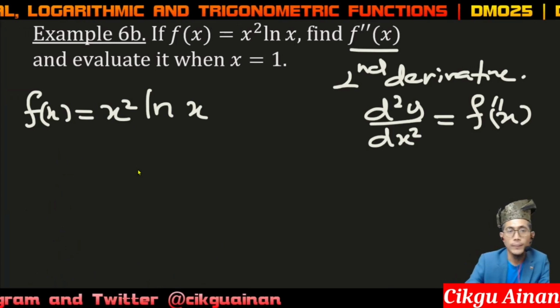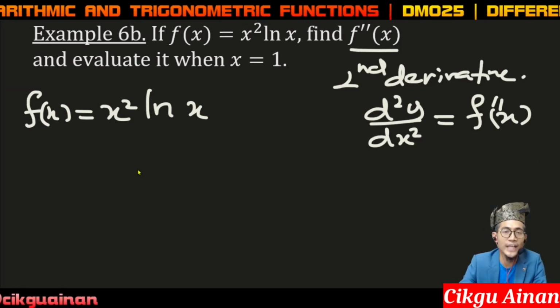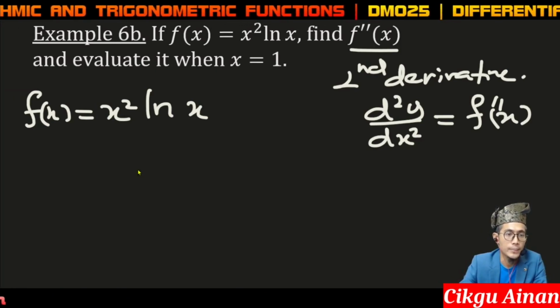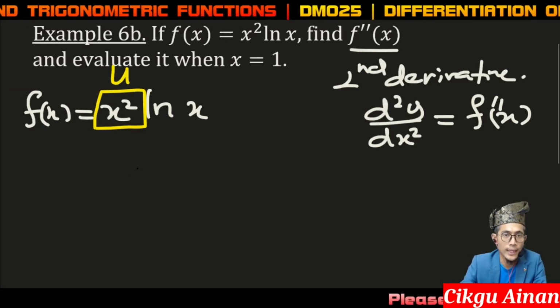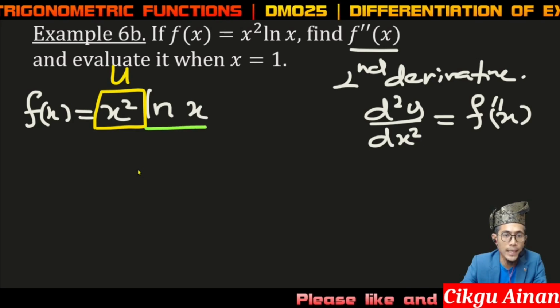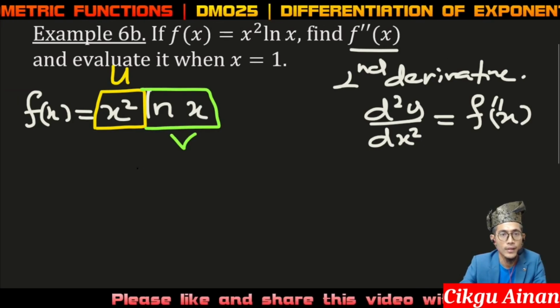In this case, we have to apply the product rule, because this is our u, and this u is multiplied by another function ln x, which is v.